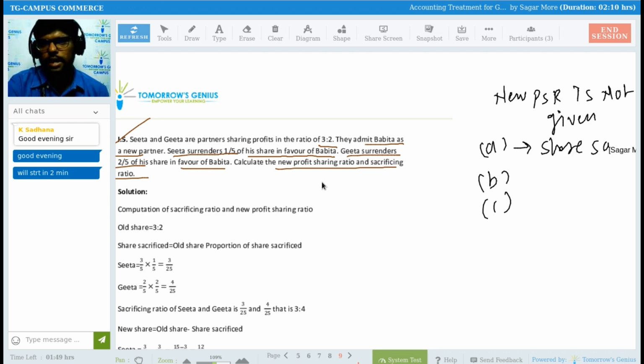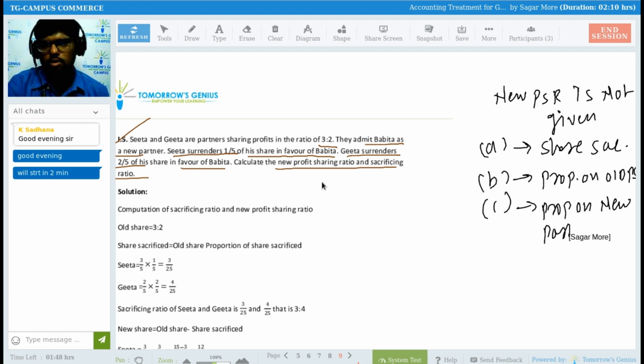In B, proportion of share sacrifice on old partner share is given, right? And thirdly, proportion on new partner PSR is given. So tell me from A, B, and C, which case is applicable?